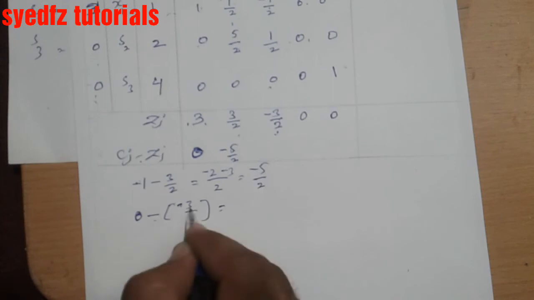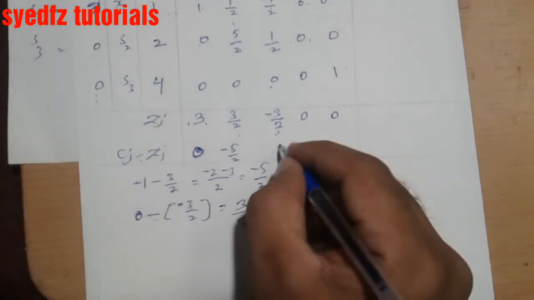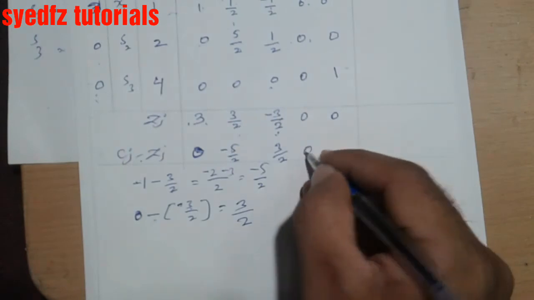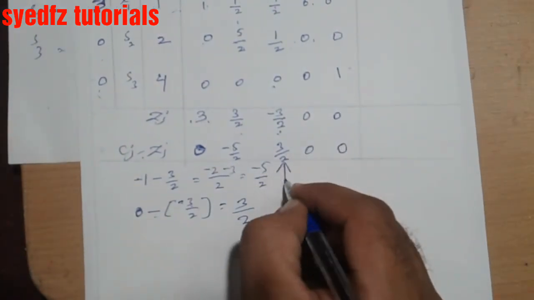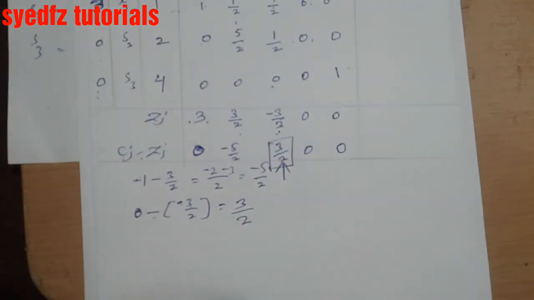Minus into minus plus. 0 is removed, so plus 3 divided by 2. So 3 divided by 2. 0 minus 0, 0, 0 minus 0, 0. We got one positive value. Means we have to prepare one more simplex table to solve this problem.